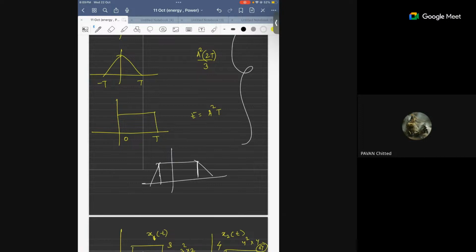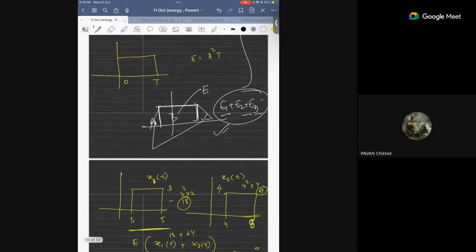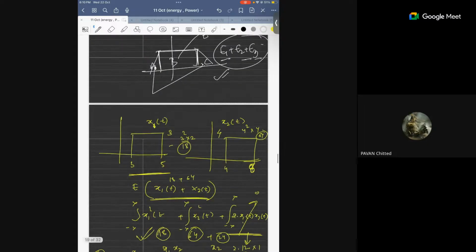This is a rect function, so you can directly calculate its energy, and then the energy for this triangular and this triangular. You will have E1 plus E2 plus E3, and these three are non-overlapping, so you can directly write the energy of A, B, C as E1 plus E2 plus E3. If it was overlapping, you couldn't write it, but all of this was discussed, I hope.